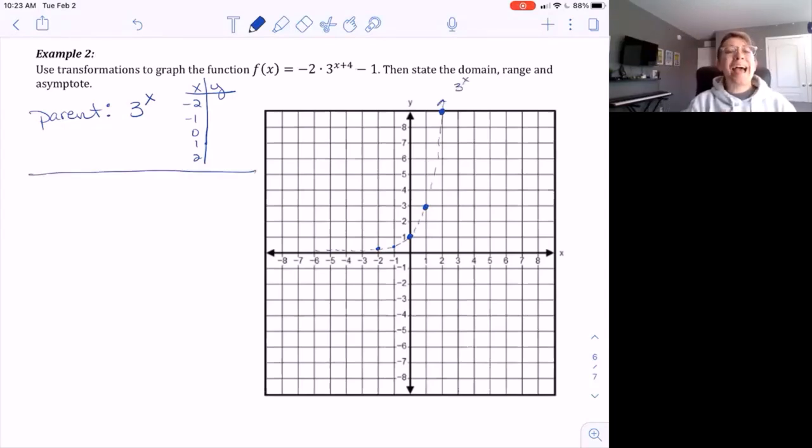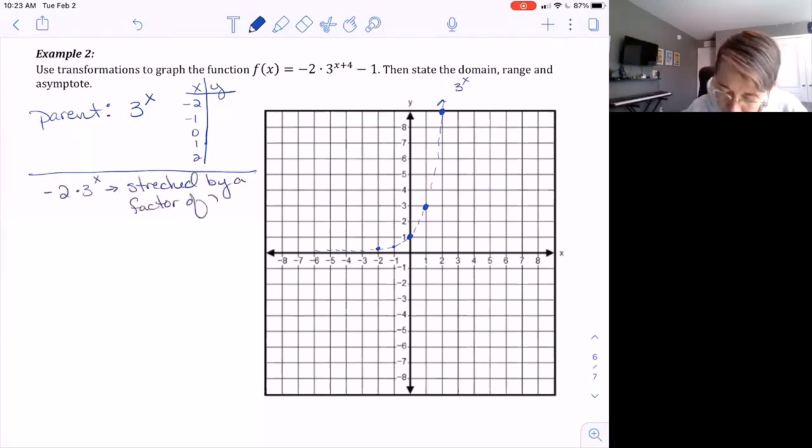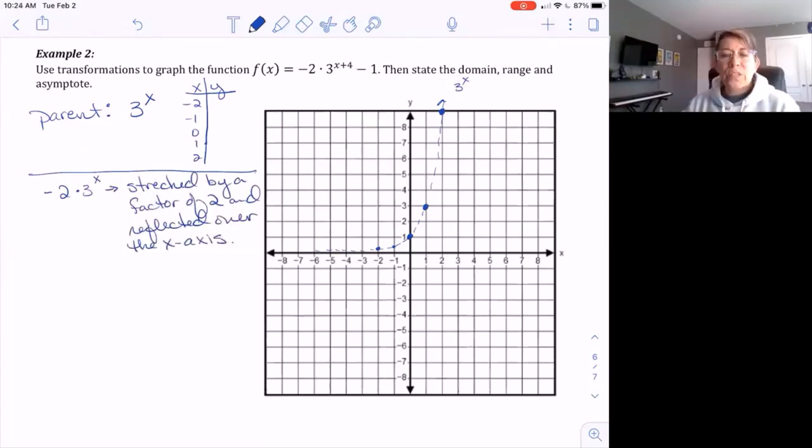Now let's take a look at what's happening to this parent function. It's being multiplied by a -2. So the -2 times 3 to the x means it's being stretched by a factor of 2 and reflected over the x-axis. So we would take every y value and multiply it by 2. If I were to do that in green, if I multiplied 1 by 2, it would be up here. If I multiplied 3 by 2, it would be up here at 6.